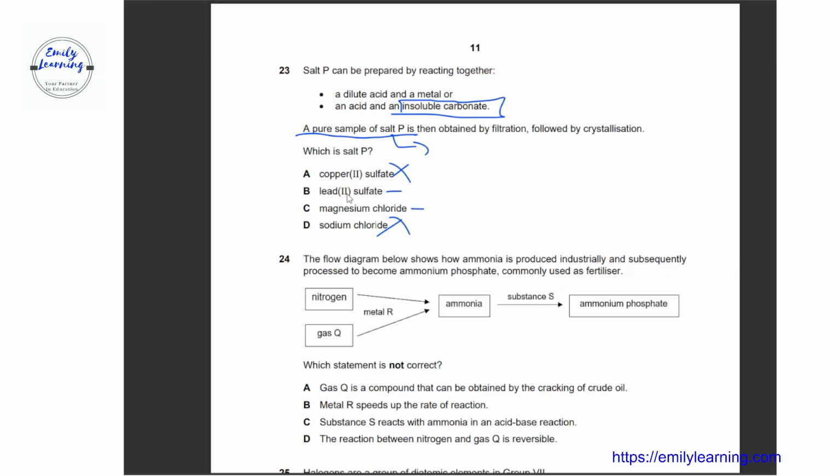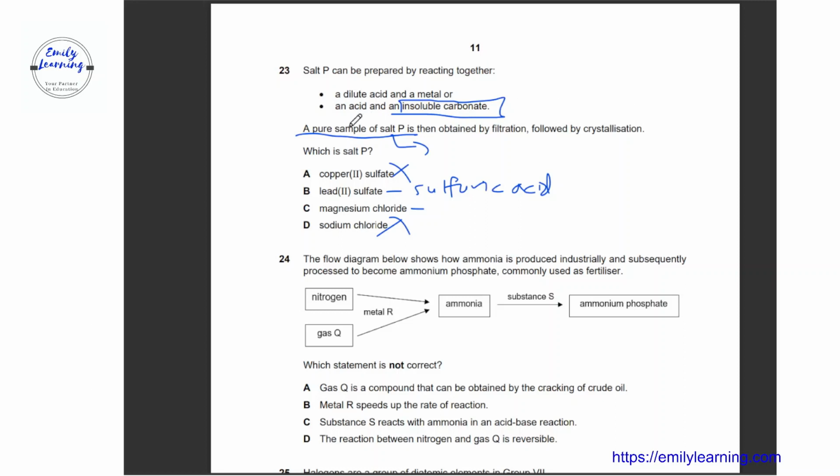If it is lead 2 sulfate, then the acid must be sulfuric acid. In the first one you have sulfuric acid plus lead, and in the second one you have sulfuric acid plus lead 2 carbonate. But what is the problem with lead 2 sulfate? We need to form a soluble salt, because a pure sample of salt is obtained by filtration followed by crystallization.